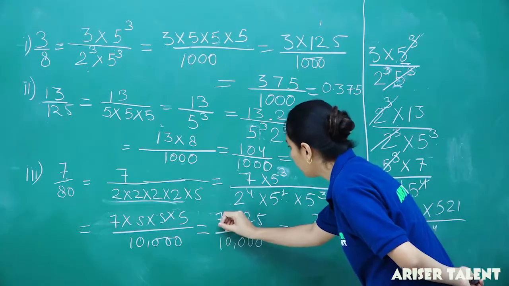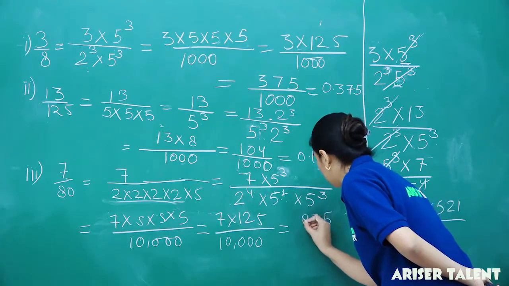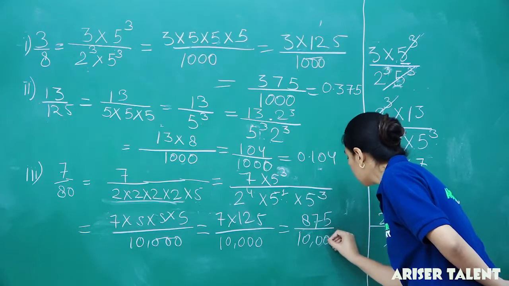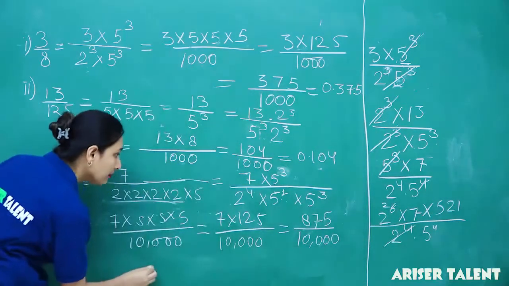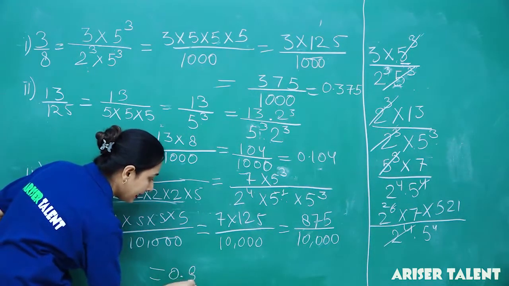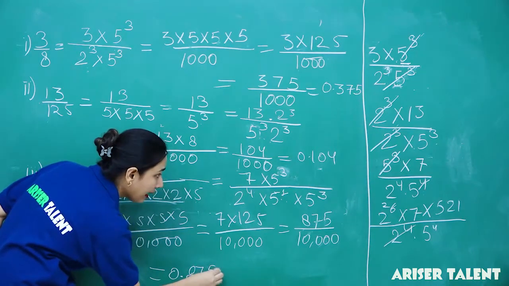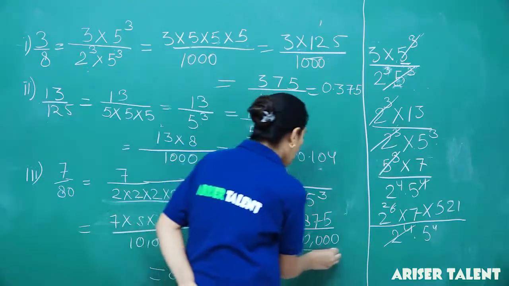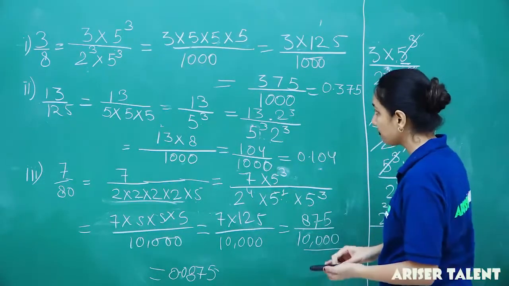It will be 875 upon 10,000. So, what will it become? 0.0875, because we are having 4 zeros here, right?